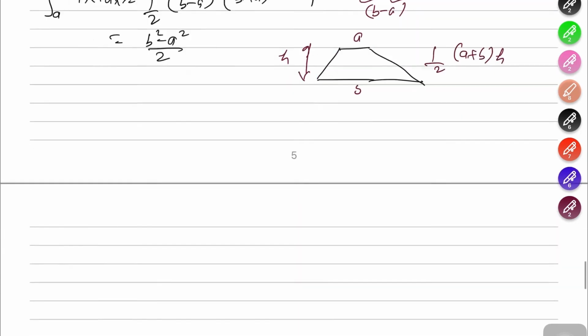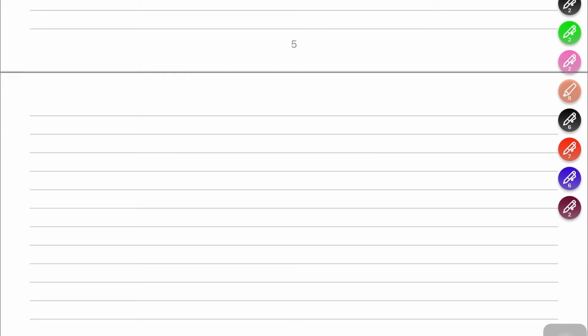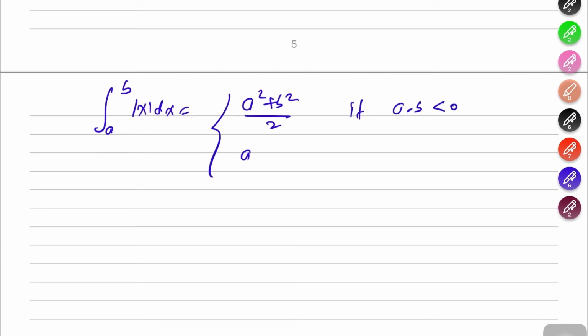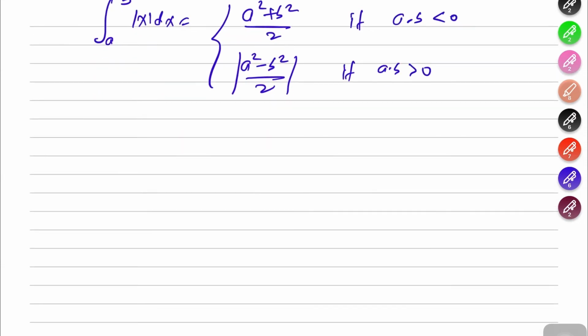So that's why now we know that the integral a to b mod x dx is a square plus b square by 2 if a into b is negative, and a square minus b square upon 2 modulus if a into b is positive, that is a and b are of the same sign. And in the case a into b less than 0, that means a and b are of different sign. Okay, so let's solve one quick problem and understand.